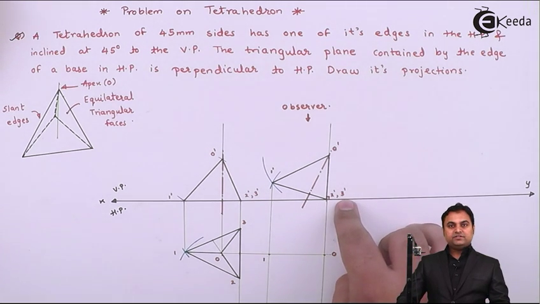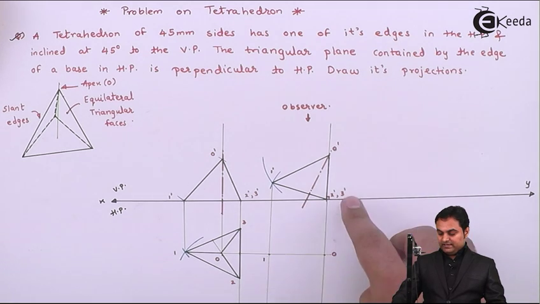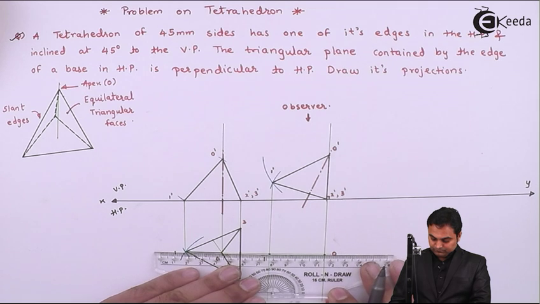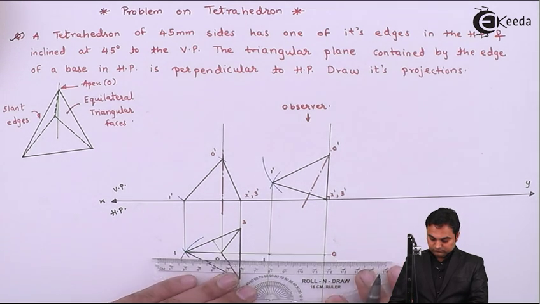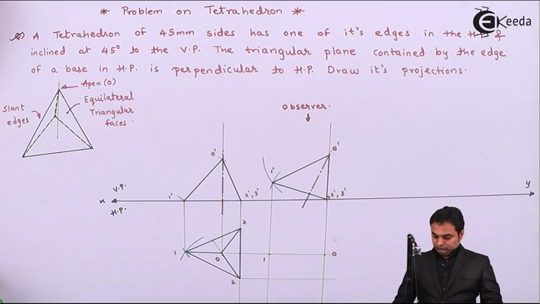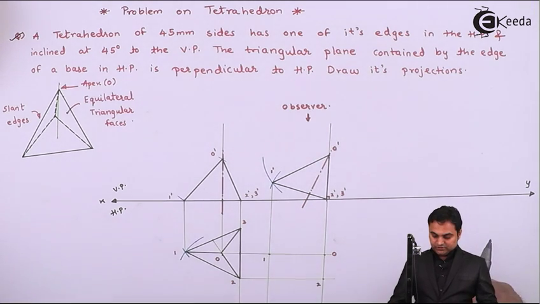Next, 2 dash, 3 dash, they are on the same line as the apex. So first I'll mark point 2. Here is point 2. Next, point 3.